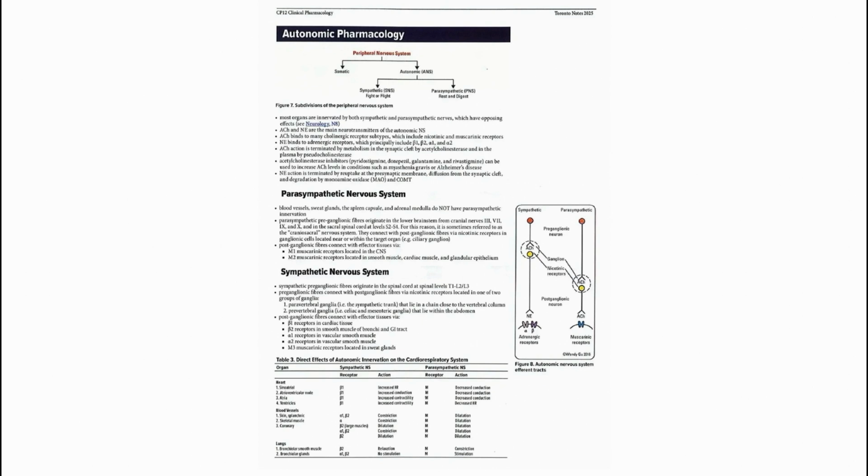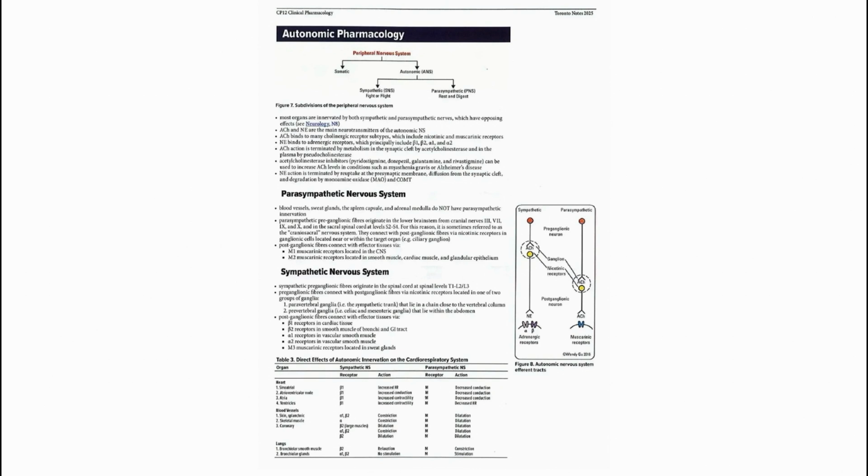The autonomic nervous system further divides into the sympathetic nervous system, SNS, the fight or flight system, and the parasympathetic nervous system, PNS, the rest and digest system. Most organs receive dual innervation from both systems. These two divisions usually produce opposite physiological effects, allowing fine control of organ function.